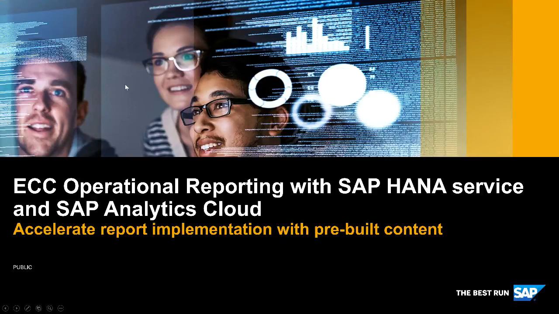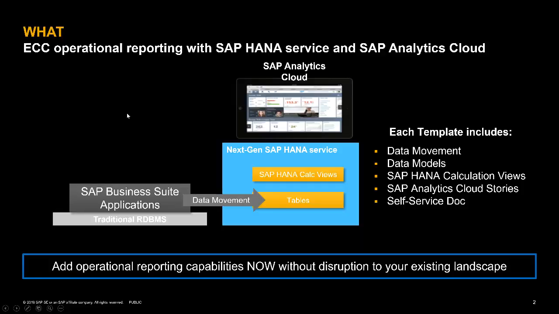Hi, I wanted to talk about an exciting way that you can modernize your ECC landscape using operational reporting with SAP HANA Service and SAP Analytics Cloud. We've actually built 26 reporting templates using the HANA Service and SAP Analytics Cloud.